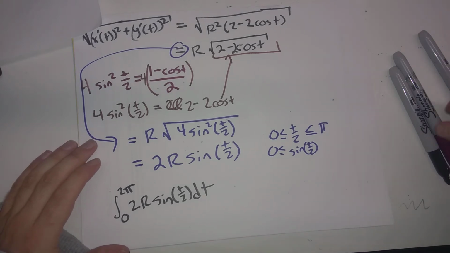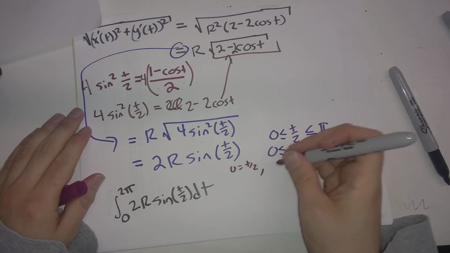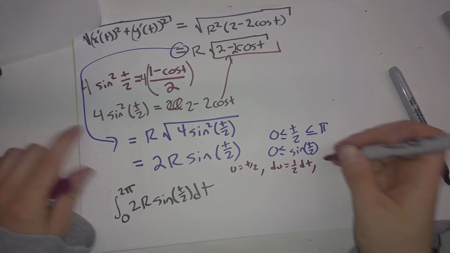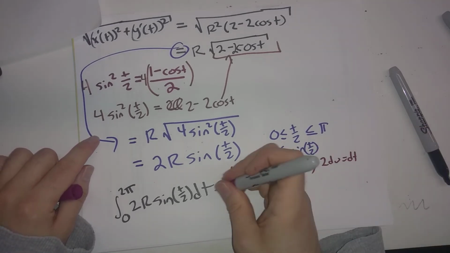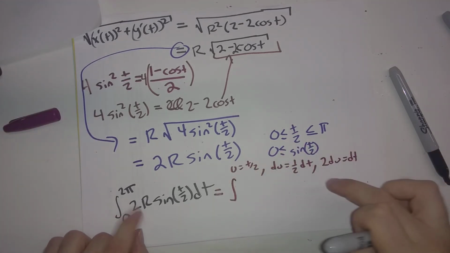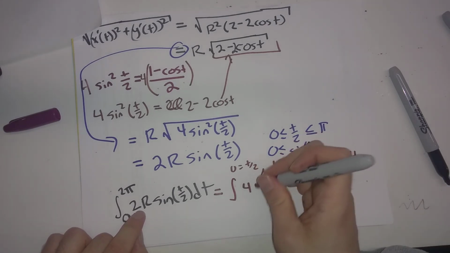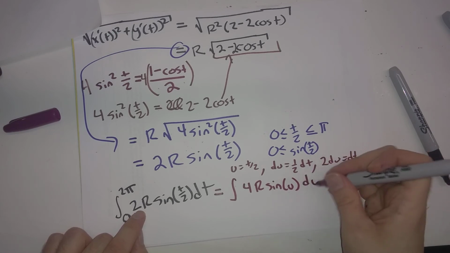I think a little substitution here of u equals t over 2, du is 1/2 dt, so that would make 2 du equal to dt. So dt is becoming 2 du, and we have 4r sine of u du.